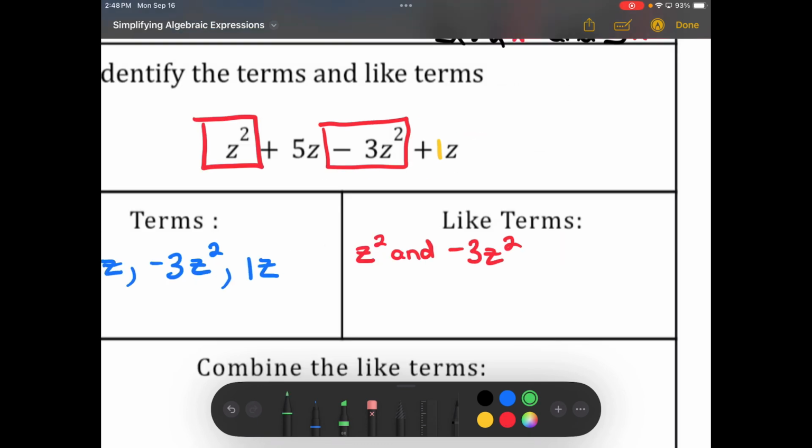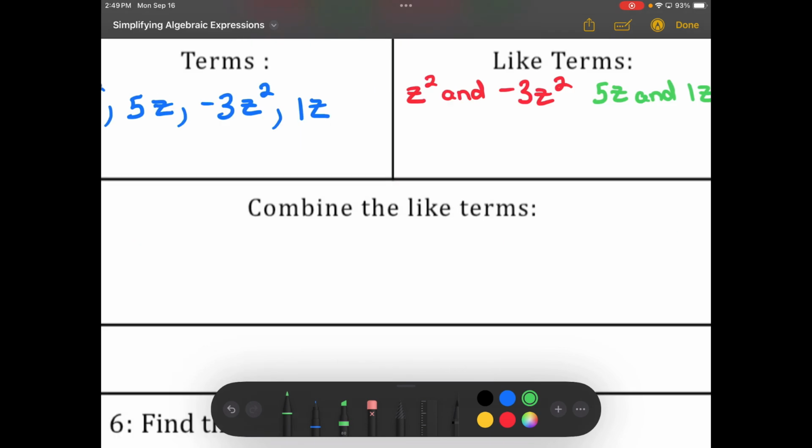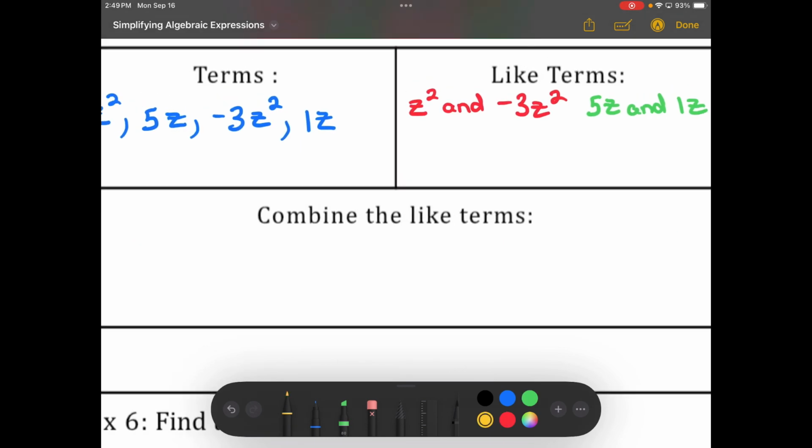So now we're going to do the other one. Positive 5z. Positive 1z. The one that you put in front of the z, we're only using it for calculation purposes.